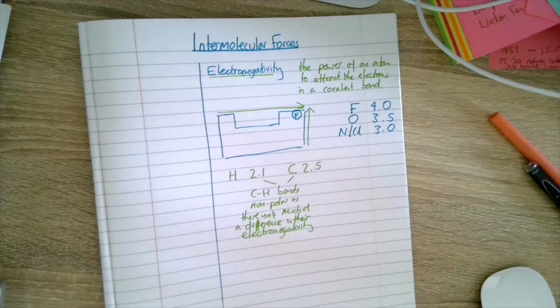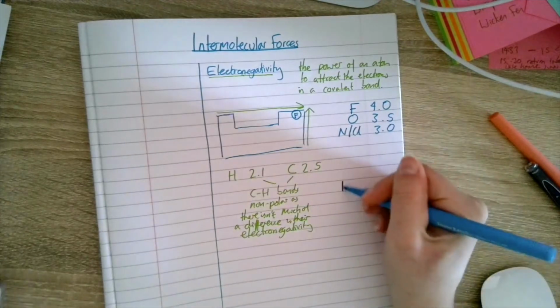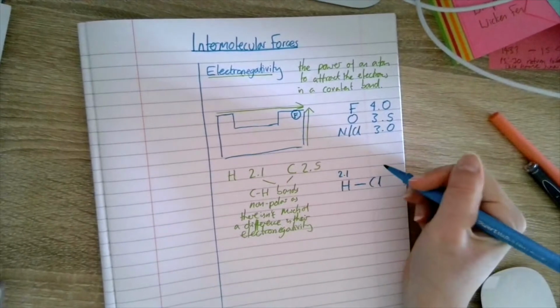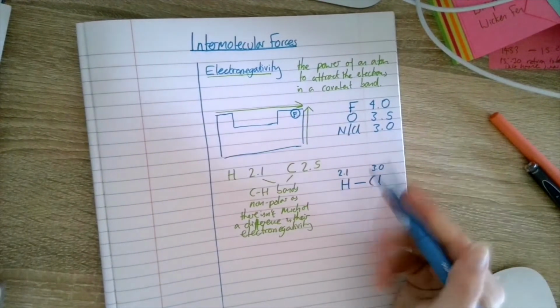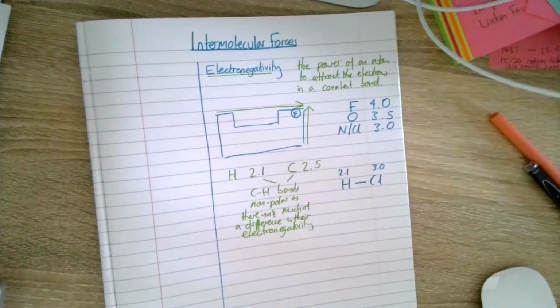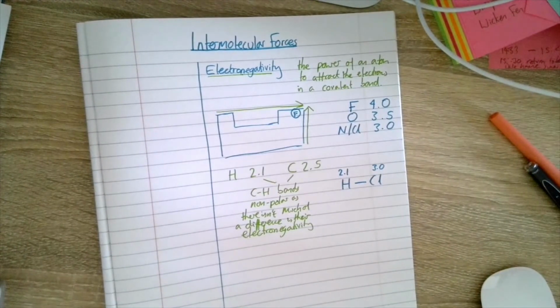However, something like HCl, we've then got a difference of 2.1 to 3.0. So that's a much greater difference in their electronegativity values.